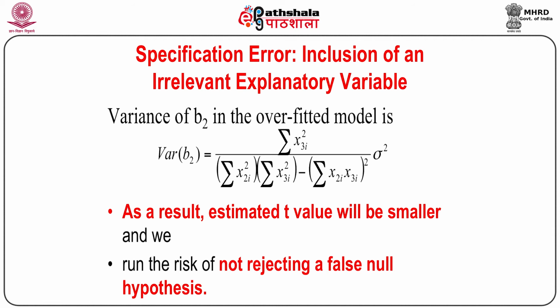As a result, the estimated t value will be smaller and we run the risk of not rejecting a false null hypothesis. So, here also we find that the biasedness property as well as the testing of hypothesis property of the estimator will be affected.